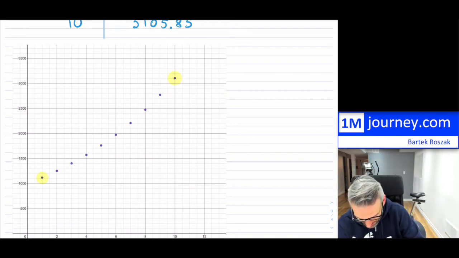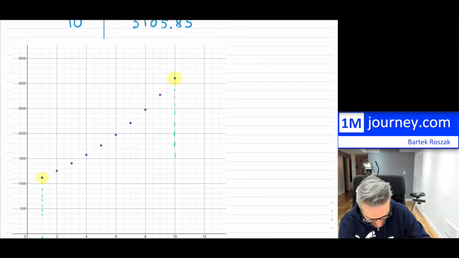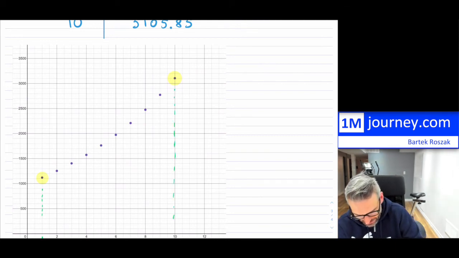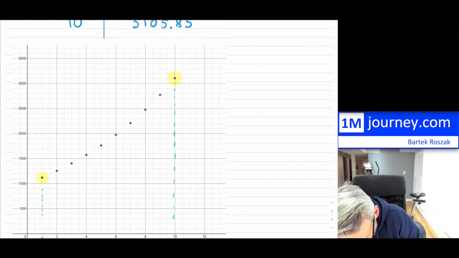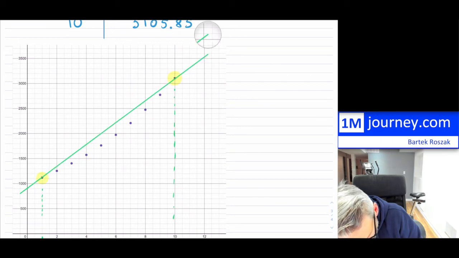So this looks like it's at 1. So notice right here, this happens at 1, and then this one right here, this is at 10. Now, if I wanted to find what my change is, this would have been like trying to find the line that goes through those two particular points.